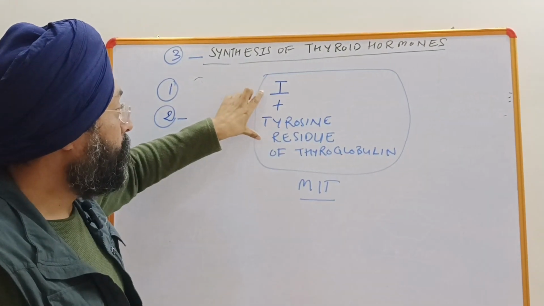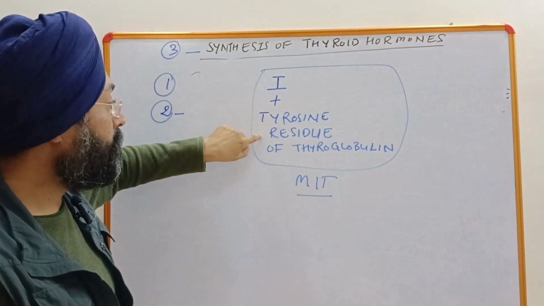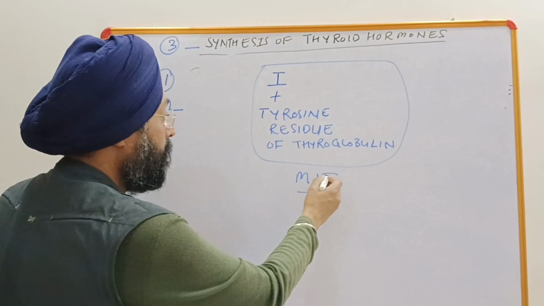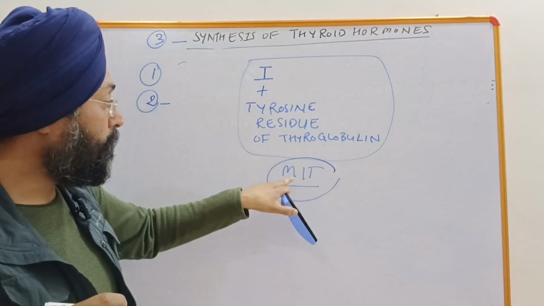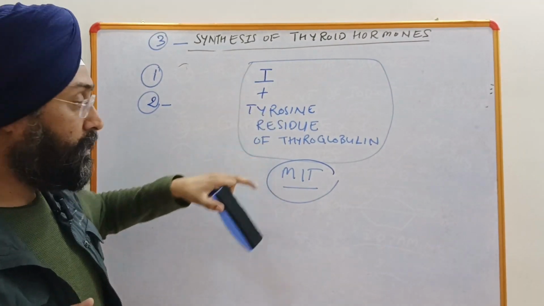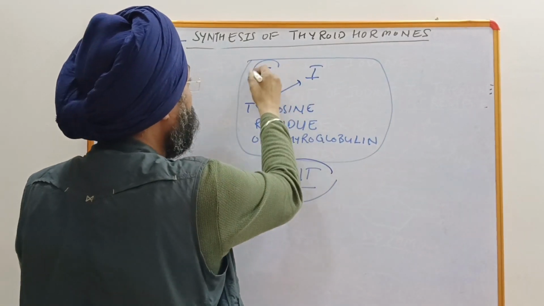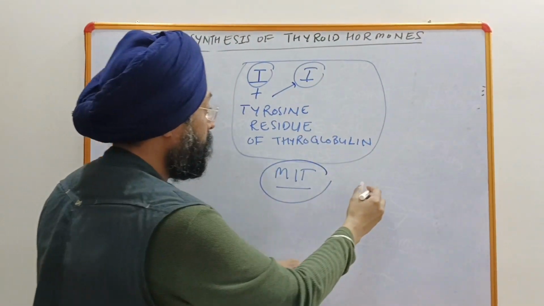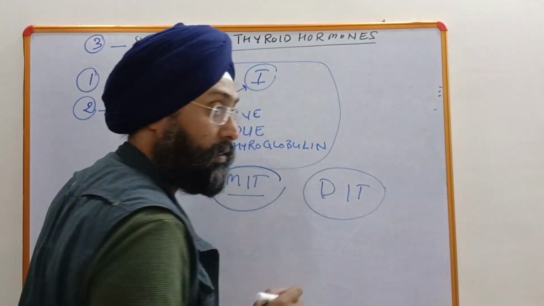So this combination of activated iodine and the tyrosine residue of thyroglobulin will finally form monoiodotyrosine, right? Mono means one iodine residue with thyroglobulin, monoiodotyrosine. And if two iodide groups are attached, 1 and 2, then it is known as diiodotyrosine, right?